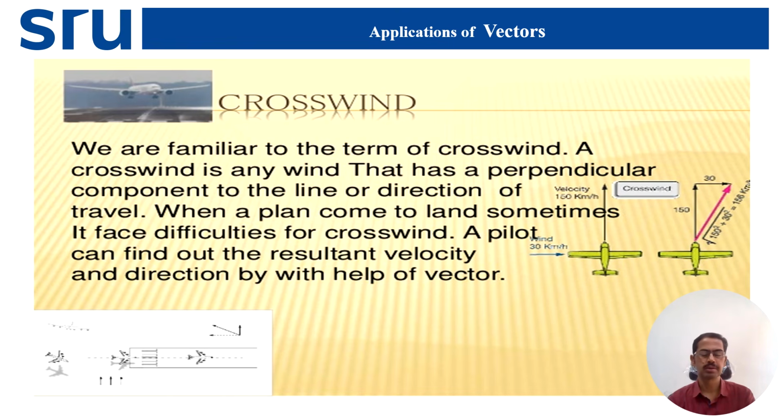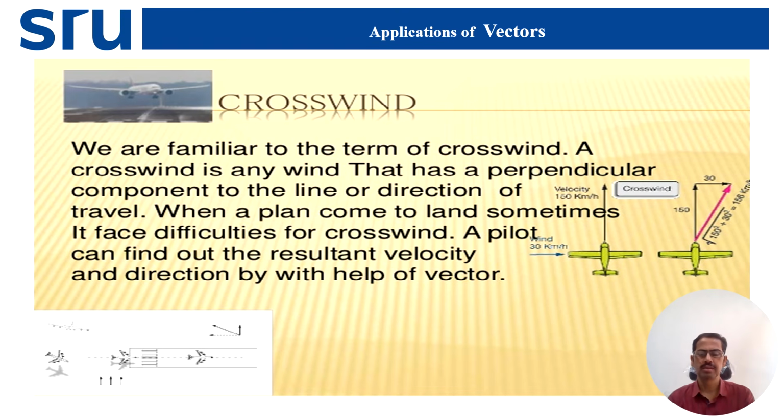Right? Most of the time we encounter this crosswind. Because of crosswind the flight crashes to the earth. Most planes meet with accidents because of the crosswind. How? When a plane is landing, sometimes it faces difficulties because of crosswind.